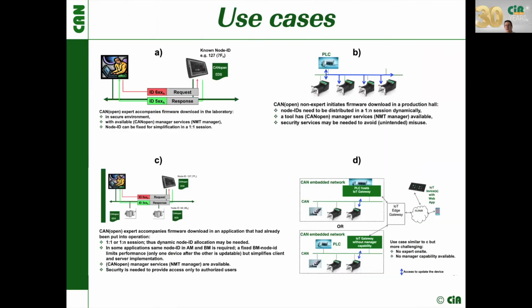And when we started the work, we had to figure out what are the use cases that we have in mind. And we saw here 4 different use cases. So the simplest one is that an engineer has in his laboratory the device, and with this device connected via the CAN to a tool, he wants to provide to this device now the new firmware.